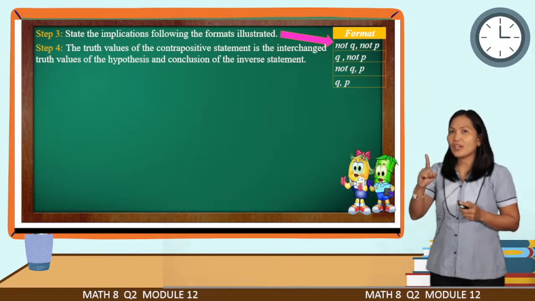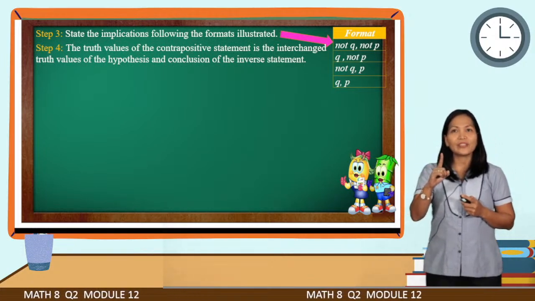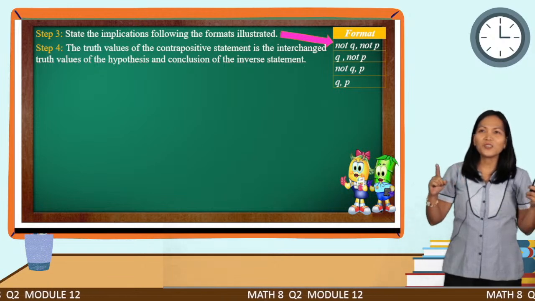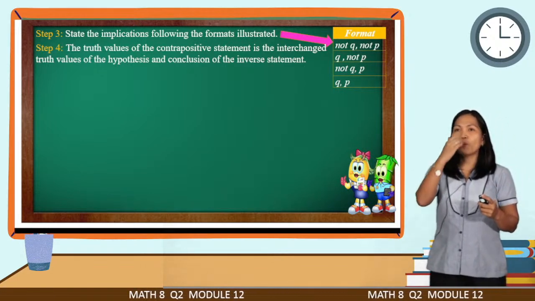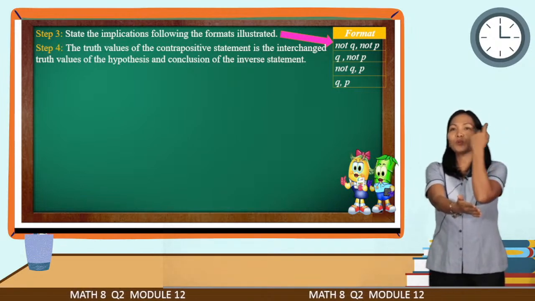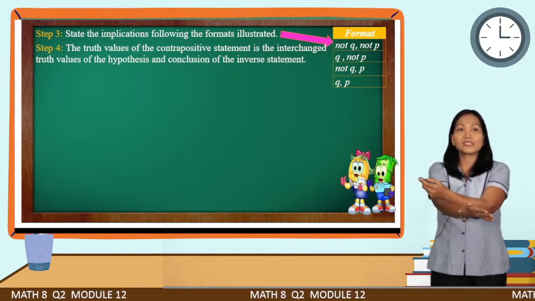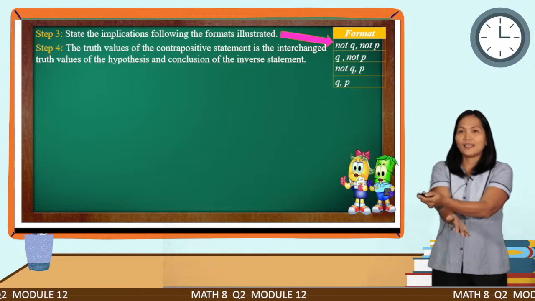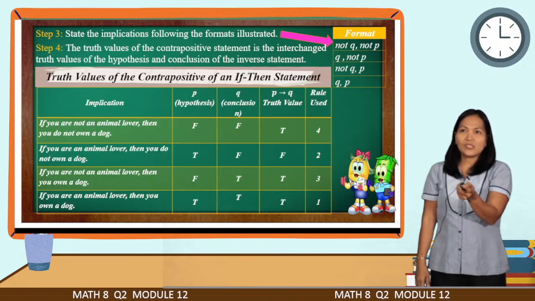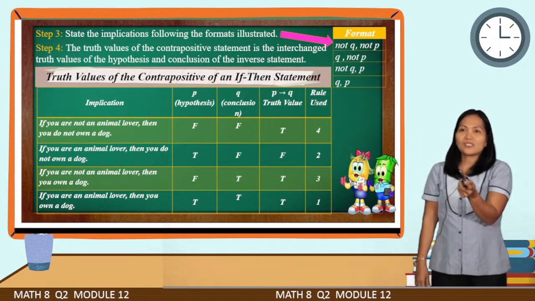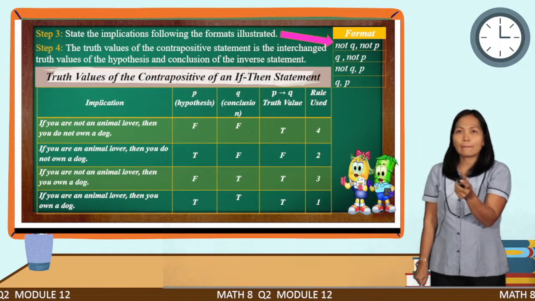The truth values of the contrapositive statement are the interchanged truth values of the hypothesis and conclusion of the inverse statement. Alright, so here are the truth values of the contrapositive of an if-then statement. The table.